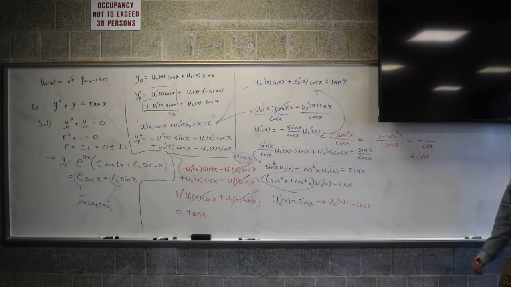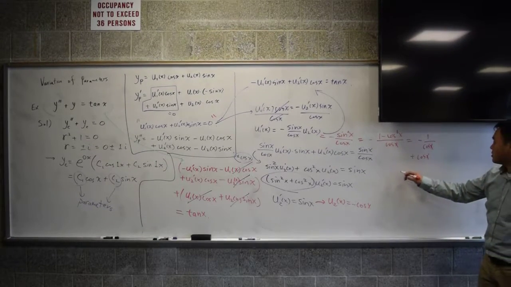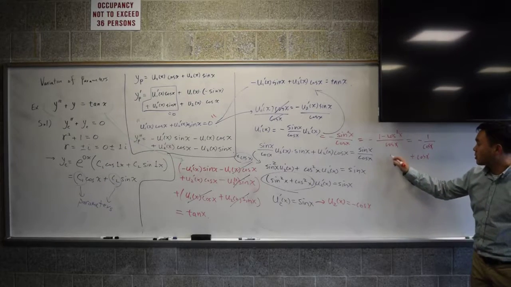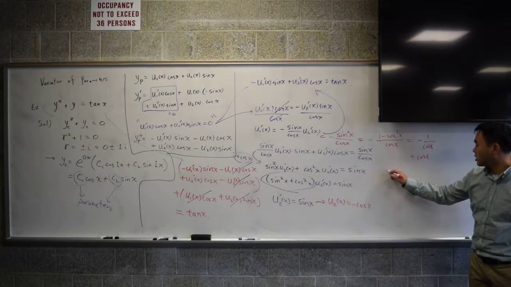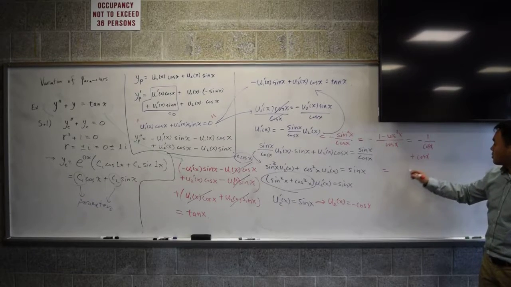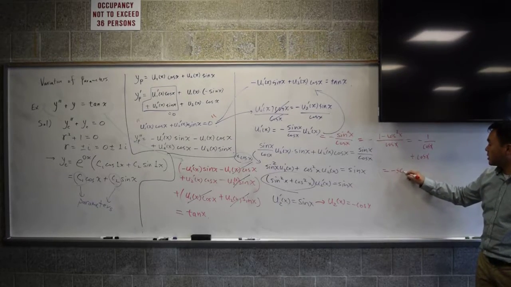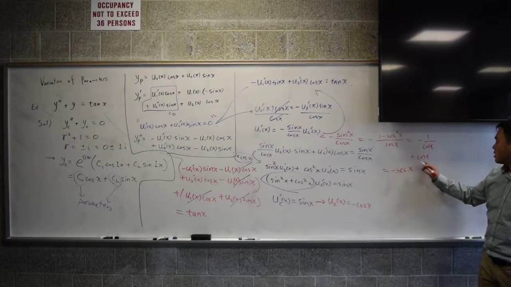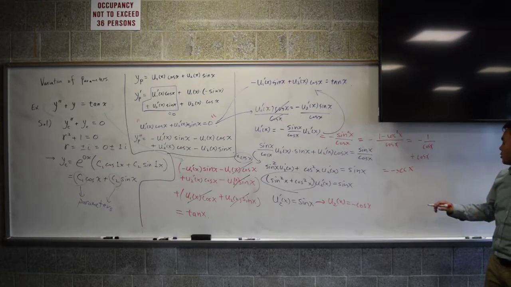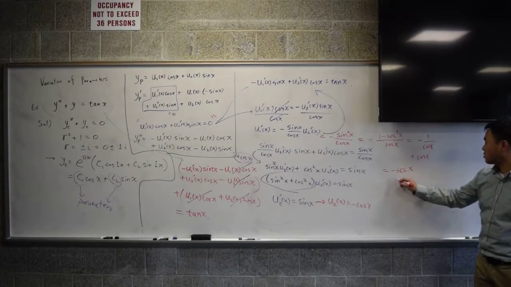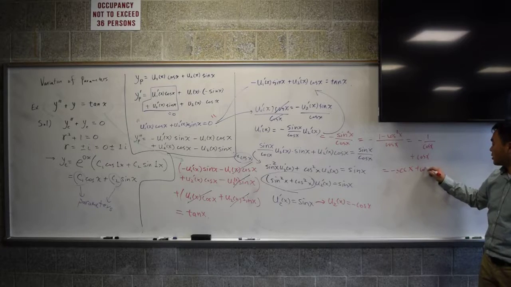So if you integrate, therefore, u1 prime is really 1 over cosine, which is secant of x, and then cosine is just cosine x, right? So we have to integrate this.